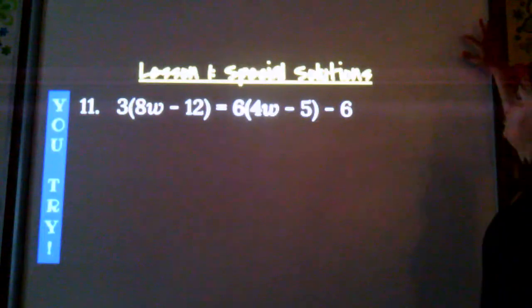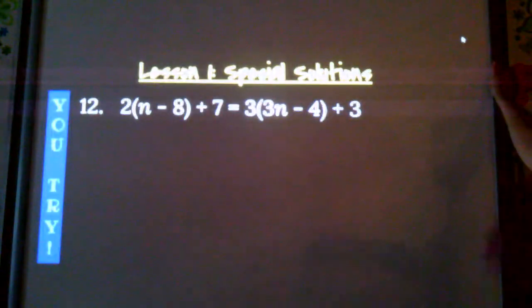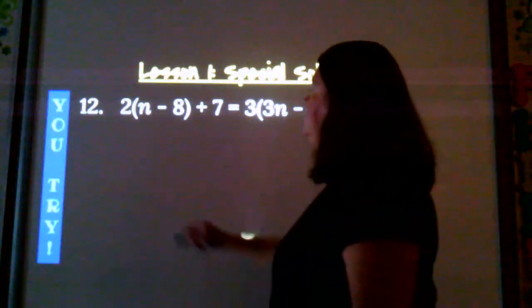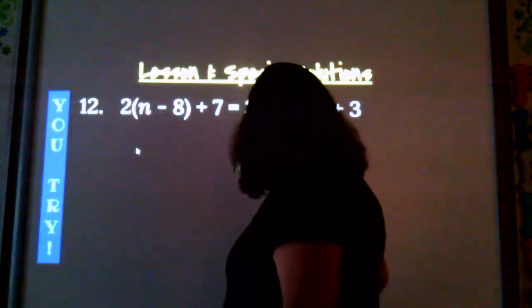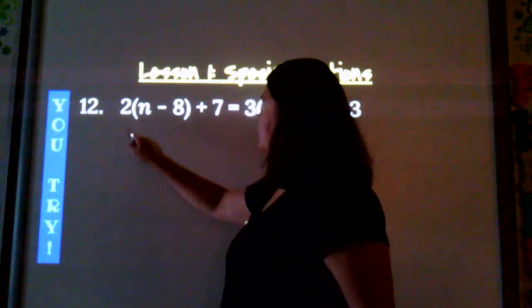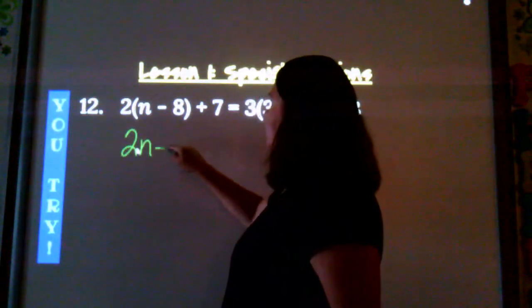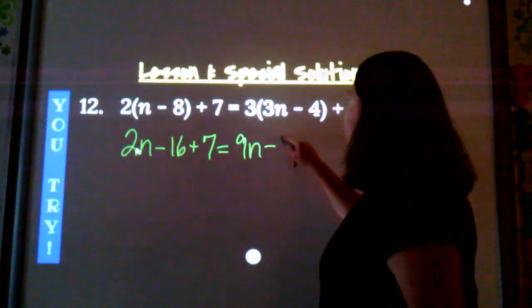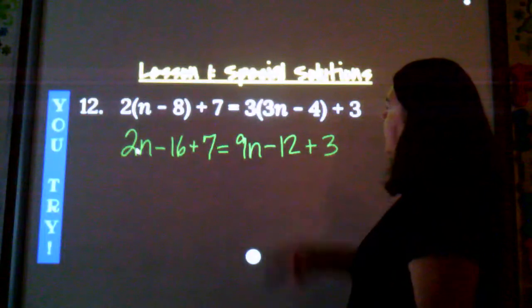Alright, I think I got one more for you. Number 12. Last one. Pause the video. See what you can do. Alright, 2n. Maybe. The board is not going to participate. There we go. 2n minus 16 plus 7 equals 9n minus 12 plus 30.